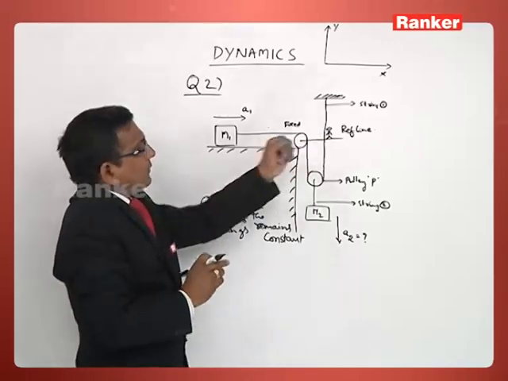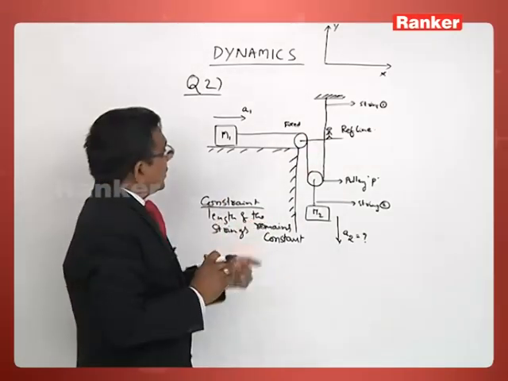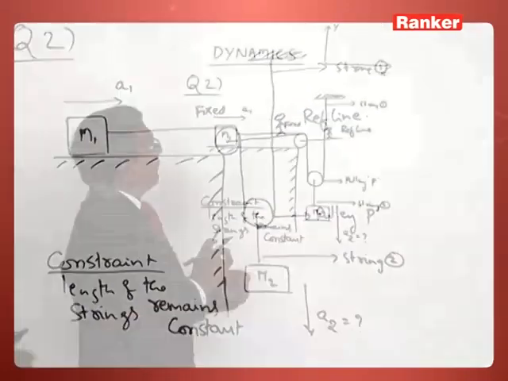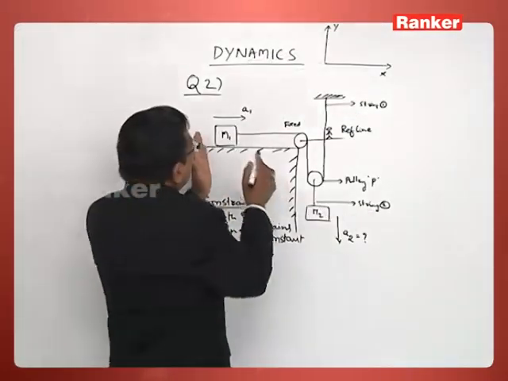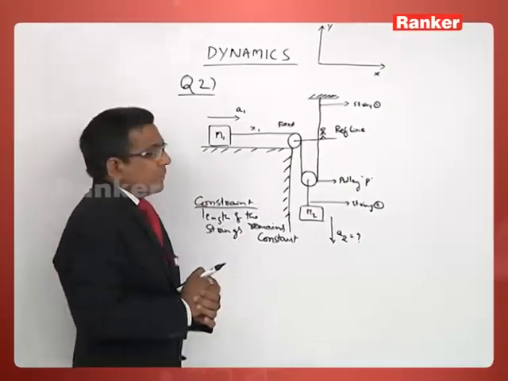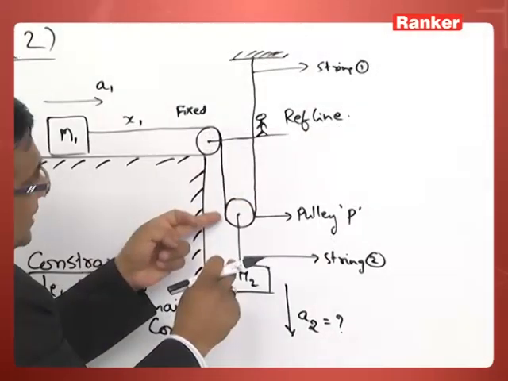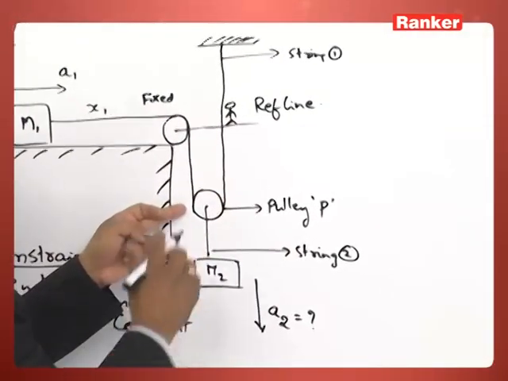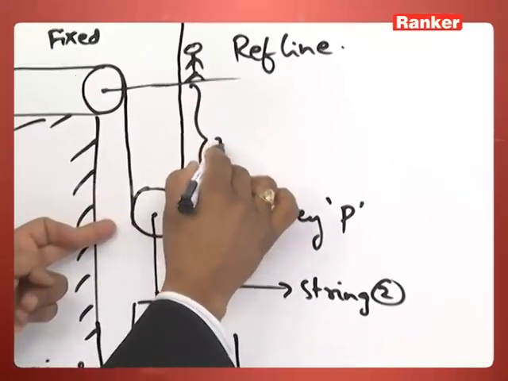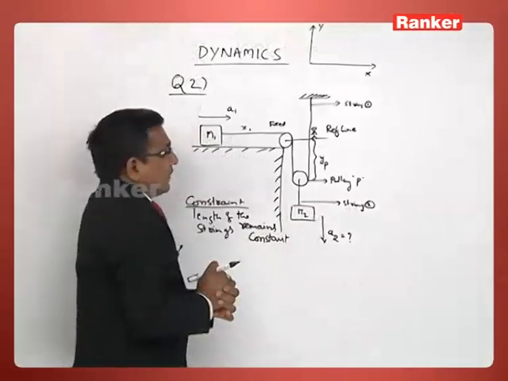If you observe from this reference line, what is your observation? This mass is moving towards the observer. This mass is moving away from the observer. Let at an instant of time, this mass be at a distance x1. And from here, this pulley is moving and this mass is also moving. So let us take this distance as yp, where P stands for pulley.